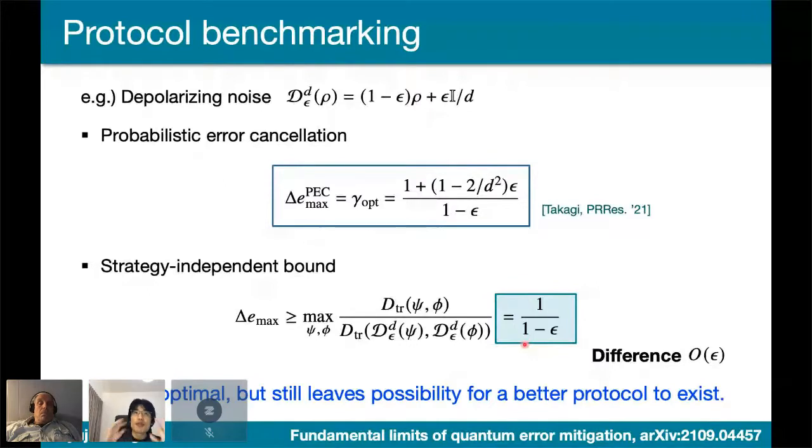So in this way, even if there's a gap between these two bounds, like a general lower bound and some specific bounds, you can use this as an indicator for the room for improvement, and that gives you the motivation to look for other better error mitigation protocols. But if some protocol already saturates such a bound, then this is the best one that you can prove.